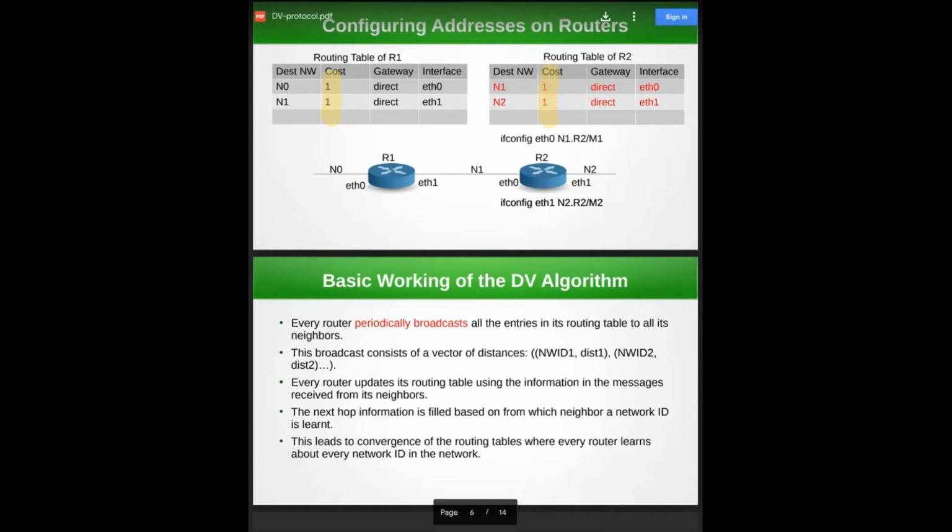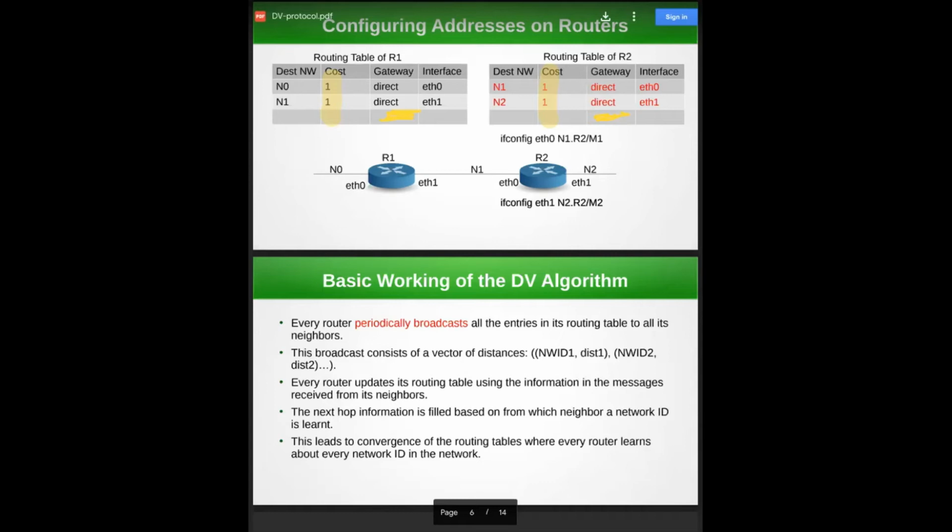Now, every router updates its routing table using the information in the messages received from its neighbors. How does it update? What are the rules for updating? We'll be seeing. And the next hop information: remember that we have to fill the gateway information when we learn about any network which is not directly connected to us. So how do we get that? The neighbor which is advertising the information, and which we are learning from, becomes the gateway.